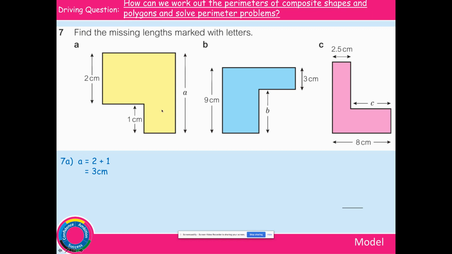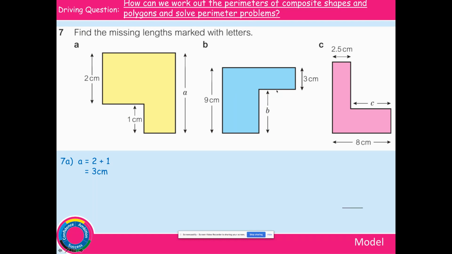3 centimetres. If we look at B, we know that this long side here is 9 centimetres. But if we come across to the other vertical heights, we've got a mystery of B and 3. So we know that side B here is equal to the total of this length, take away this one.